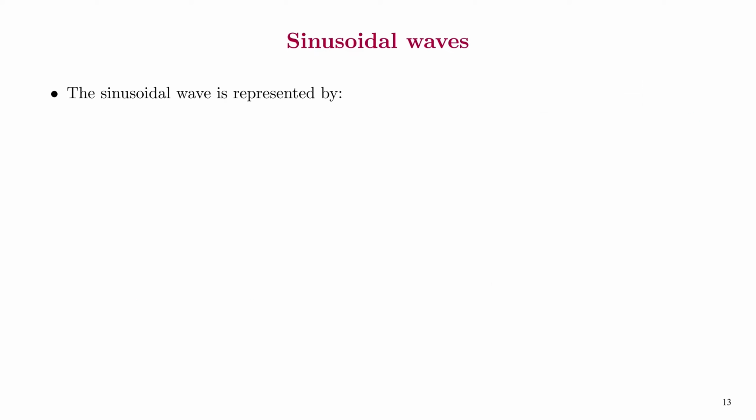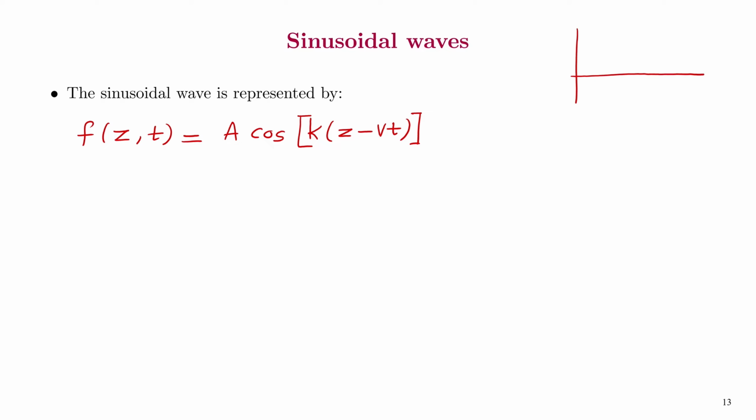We shall now try to understand sinusoidal waves. A sinusoidal wave is a wave that is represented by a mathematical function having sine or cosine terms. A typical example is f(z,t) equal to A cos k(z minus vt). For this particular wave, the amplitude will be maximum at z equal to 0.